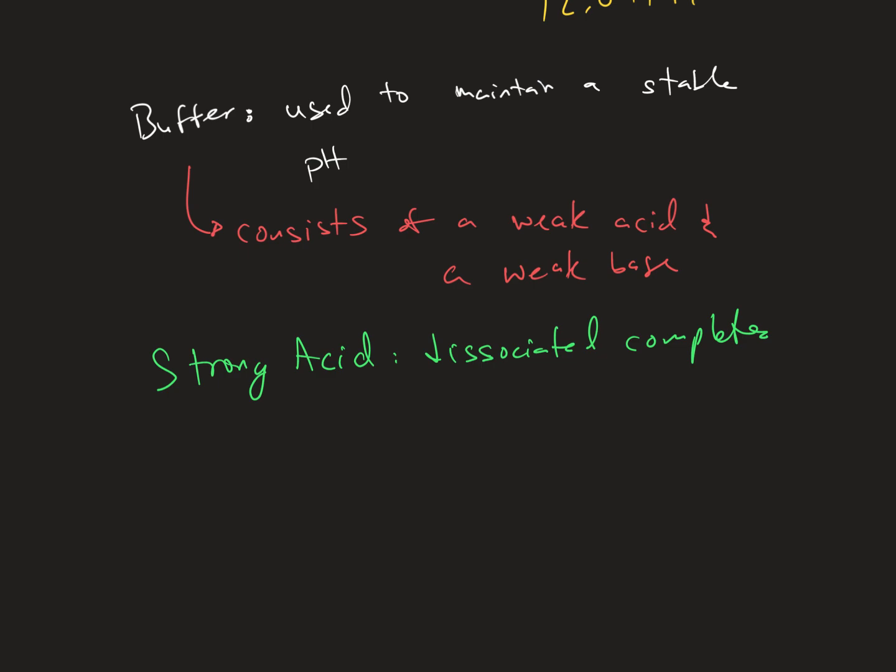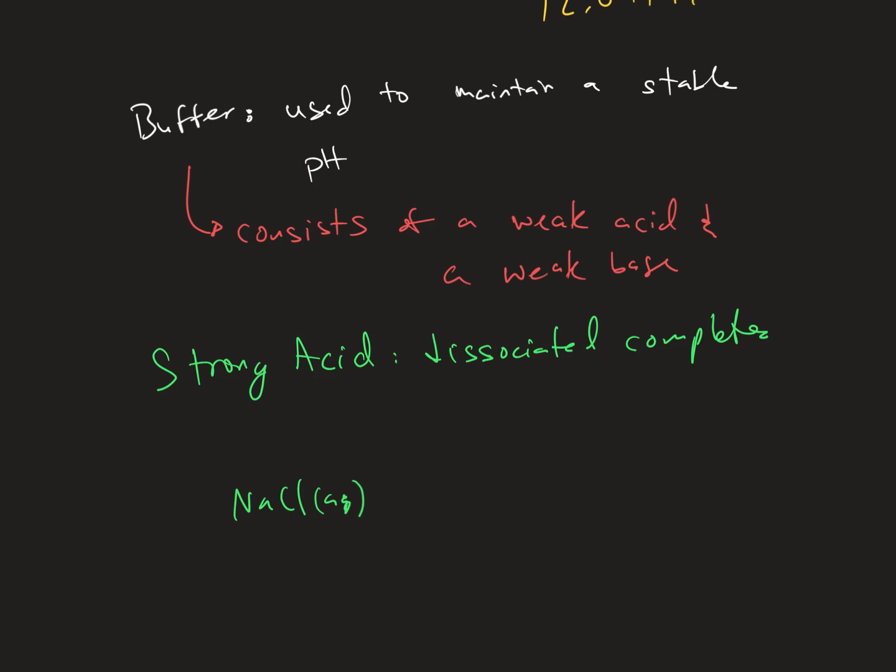Do we know what substances are soluble in water and what substances are not? Remember that chart that we learned back in precipitation reactions? If we have a substance that is always soluble, if we throw it in water, it's going to completely dissociate. Now, we might not call it a strong acid. If we take, for example, sodium chloride and put it in water, we don't call that a strong acid, but it's completely soluble, right?